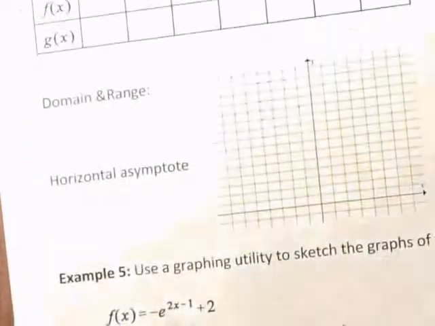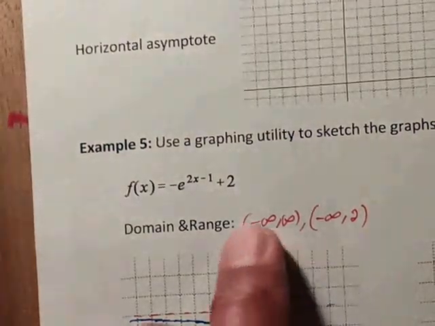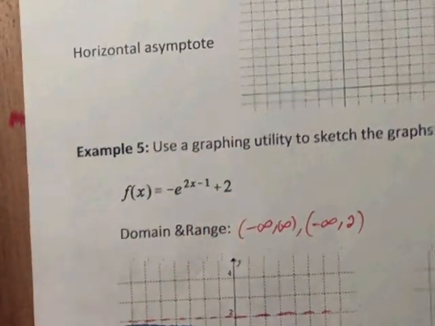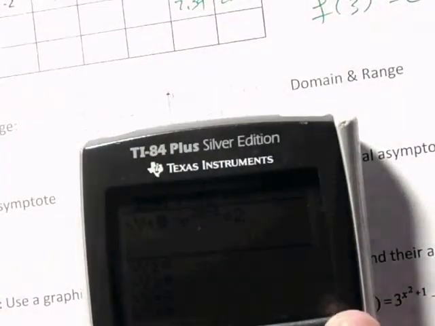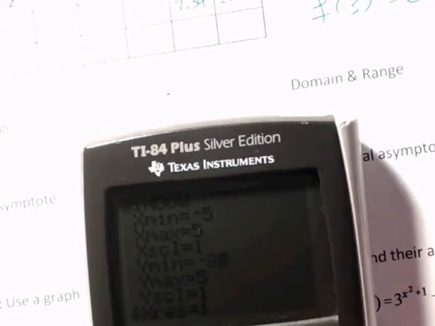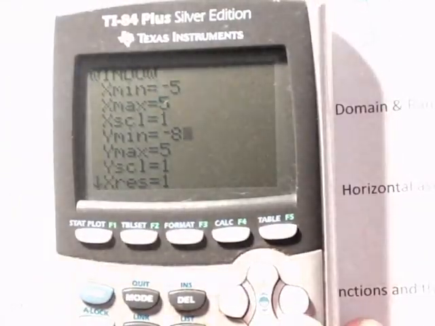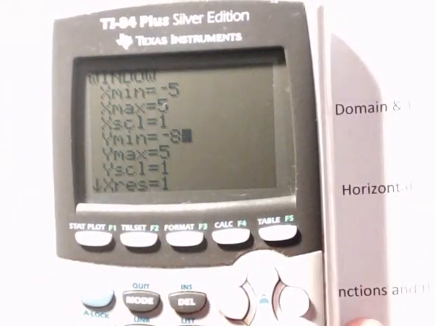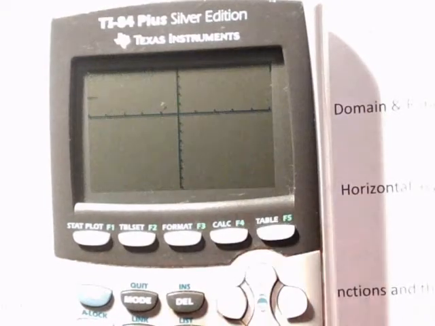I'm graphing this function right here. I'm going to change my window. This is the window I'm using: minus 5 to 5 for x, minus 8 to 5 for y. So it looks like this.